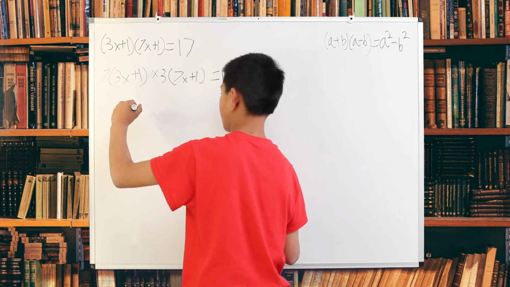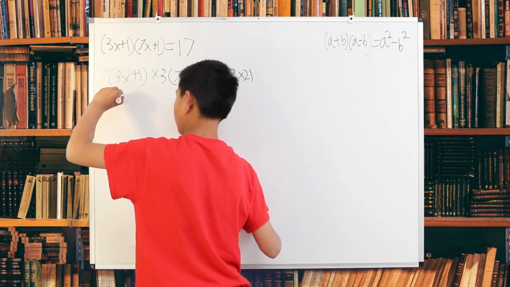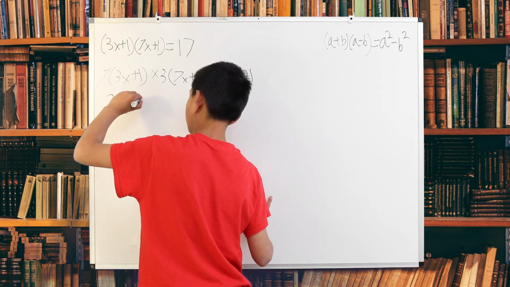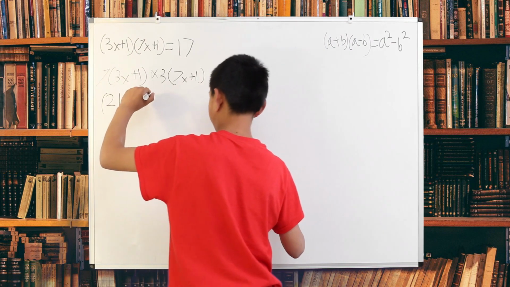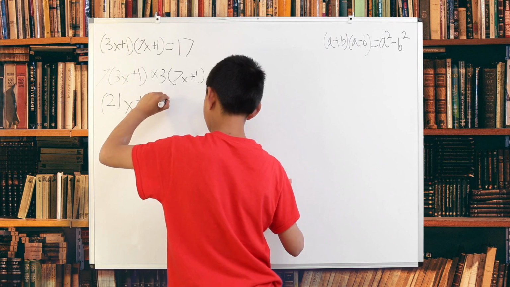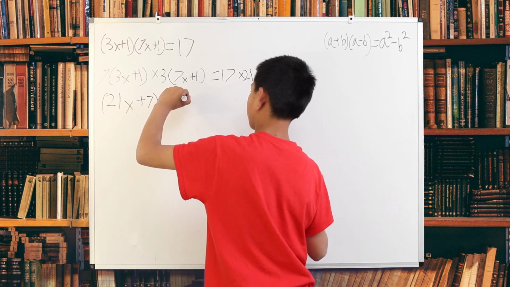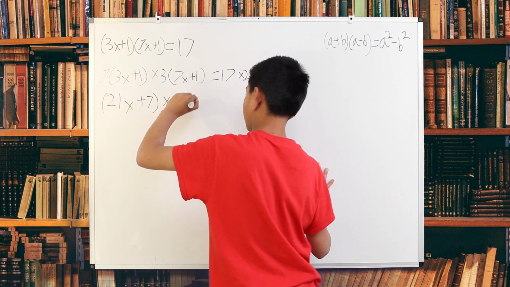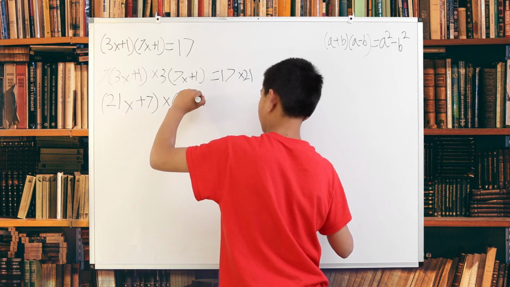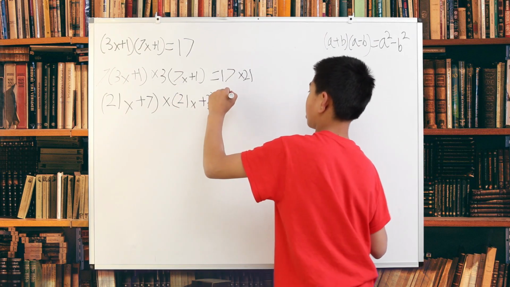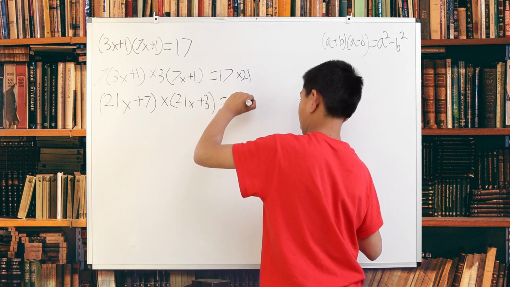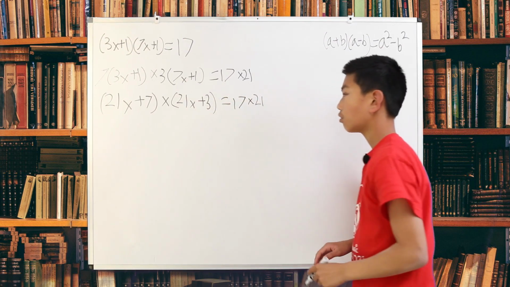And right now, we get 21x plus 7 times 21x plus 3, which is equal to 17 times 21. Cool.